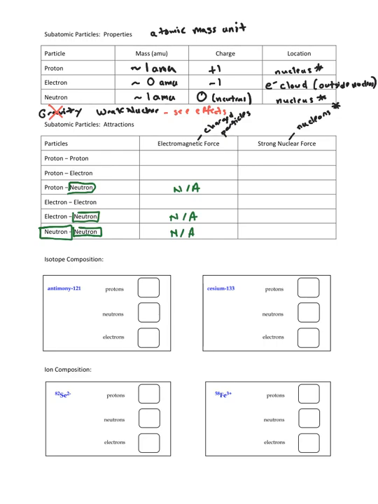However, if you have charges that are the same, such as 2 positively charged protons, they'll interact, and in fact they'll repel. If you have 2 negatively charged electrons, they will also repel.